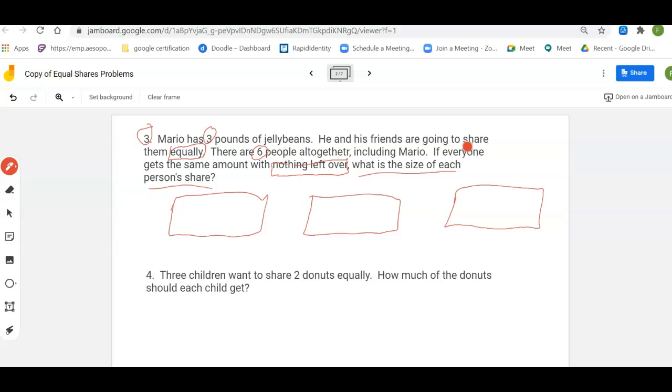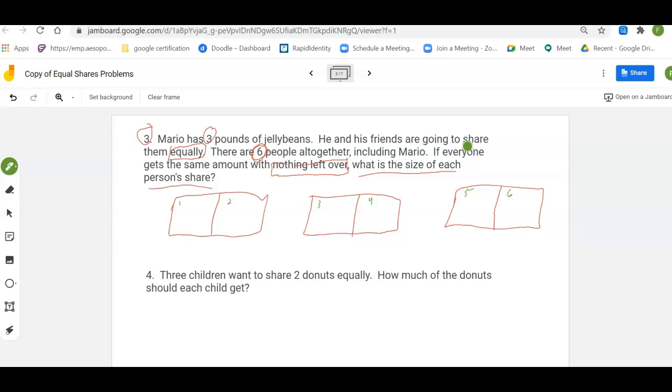So the number of equal parts that I need is 6. How do I divide these all together into 6 equal parts? Well, I just split them in half. 1, 2, 3. Now I have 6 equal parts. That's 1, 2, 3, 4, 5, 6 equal parts.